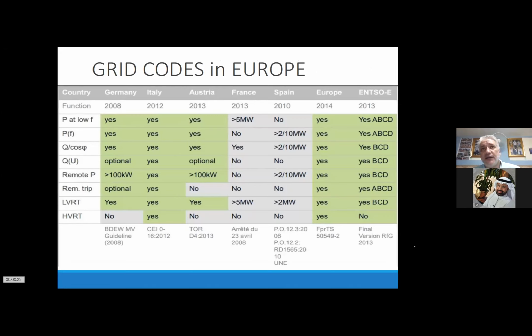Italy had a self-sustaining grid, so it used to be something like 10 minutes till it goes over these cycles, and it checks everything. You can see that this is now from 2012, but all of this remote trip, low voltage ride-through, high voltage ride-through, this was all engaged, while Germany was less optional or above some specific criteria.